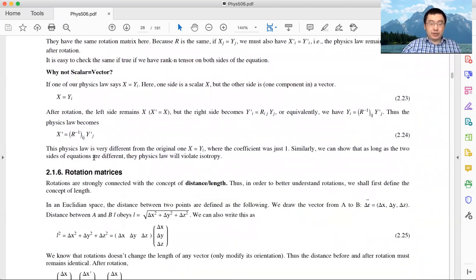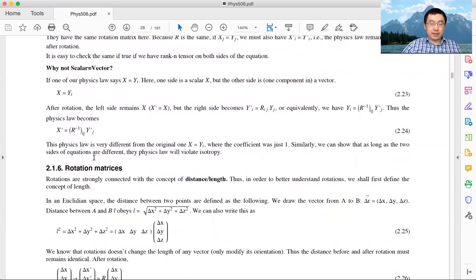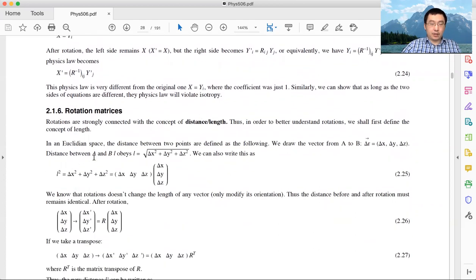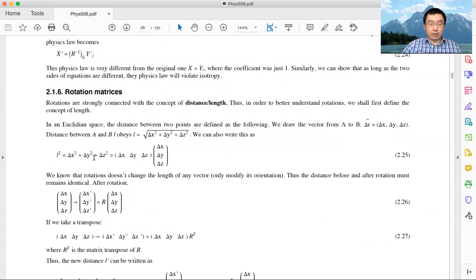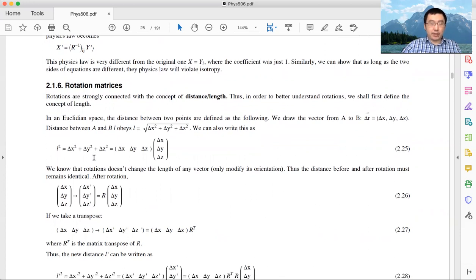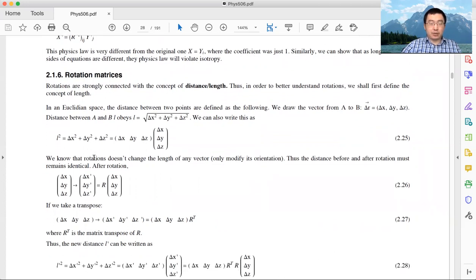So before we switch to 4-dimensional space, let me mention one more conclusion, actually review one more conclusion. You may have learned some of this knowledge in undergraduate courses, but let me remind you about the definition of the so-called orthogonal matrices. One important property of rotation is that rotation does not change the length of a vector.